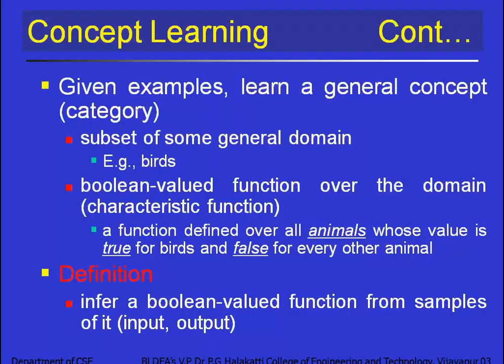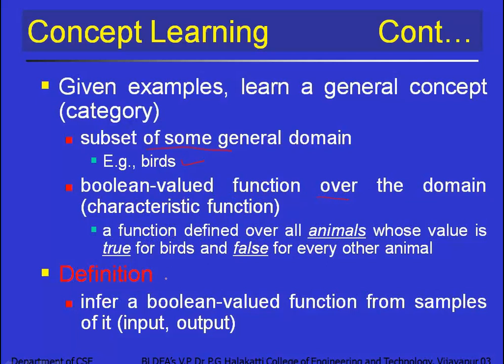Next, the same thing is represented here: birds is a subset of the general domain, that is animals, and it is a Boolean valued function over a domain. So here once again, that is a function defined over all animals.